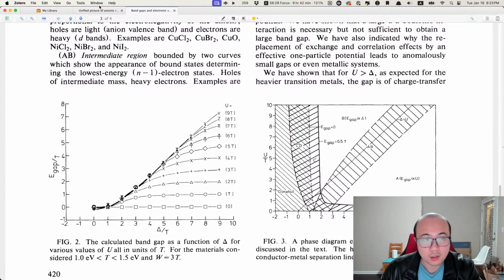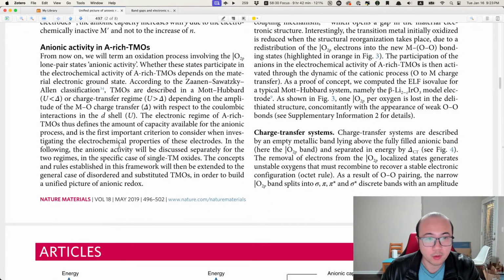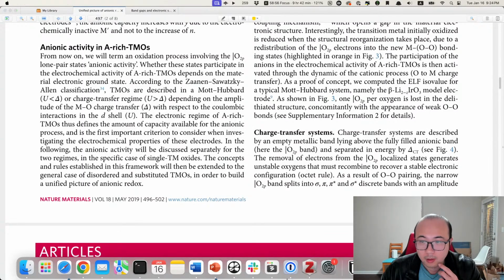Okay, let's just keep going. The electronic regime defines the amount of capacity available. How the ionic process occurs is the first important criterion to consider when investigating the electrochemical property.